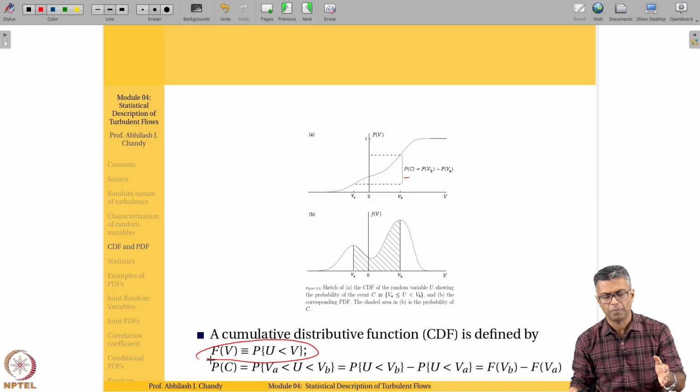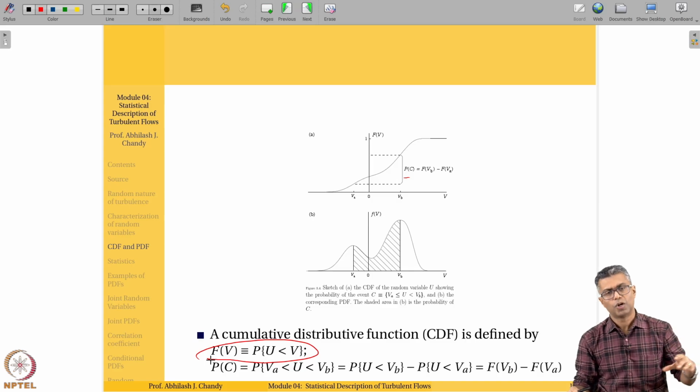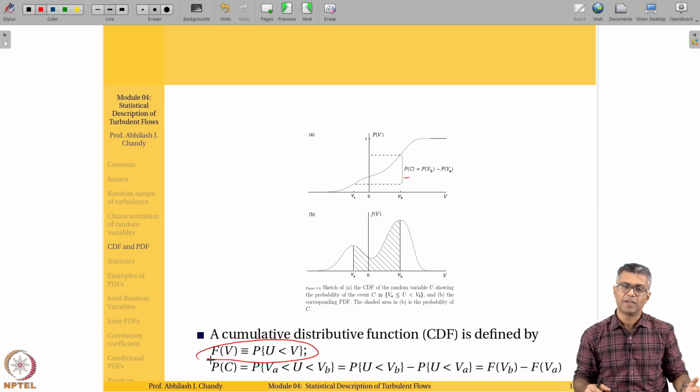So for example, if I have a jet flow where water is coming in through the nozzle at 10 meters per second, most likely I am not going to have a sample space that extends to 1 million meters per second. This is an exaggerated example, however, that still holds.